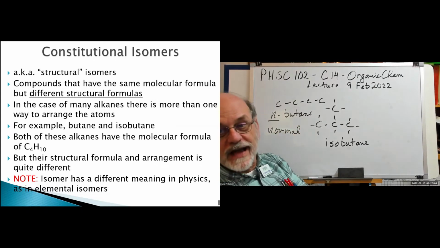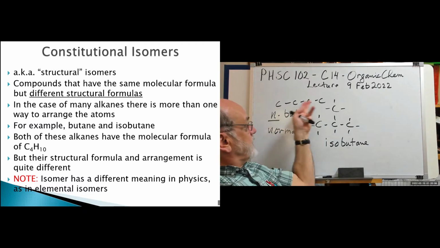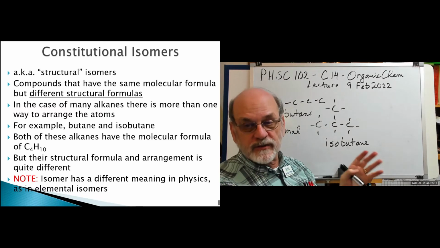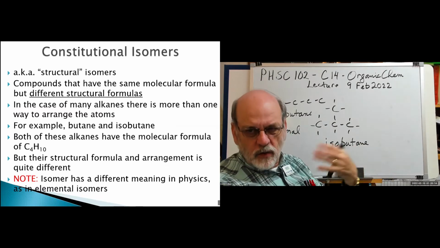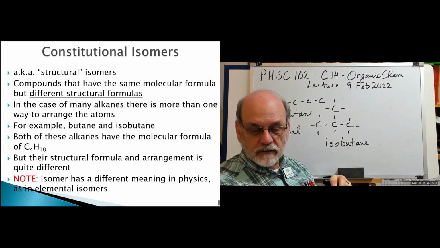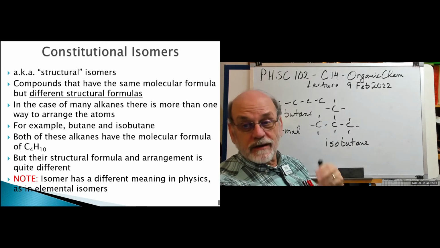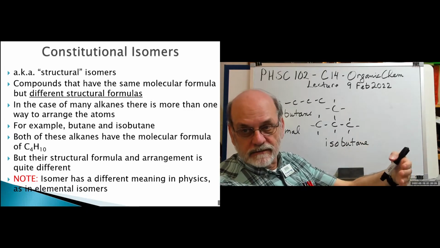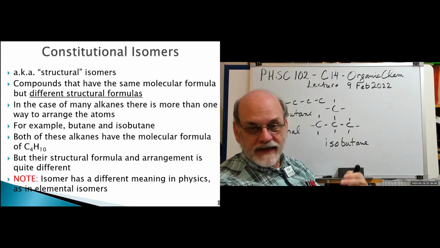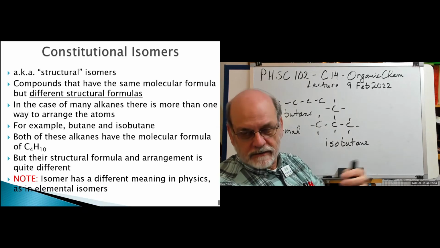Normal butane versus isobutane. Now, there's no ambiguity here because normal means this, iso means that, that's it. You can't have any other possibilities. So we don't really get into trouble when we say normal versus iso for butane because there are only 2 possibilities. It's when you start getting more carbons in the molecular structure that this naming convention breaks down and we need a different convention.